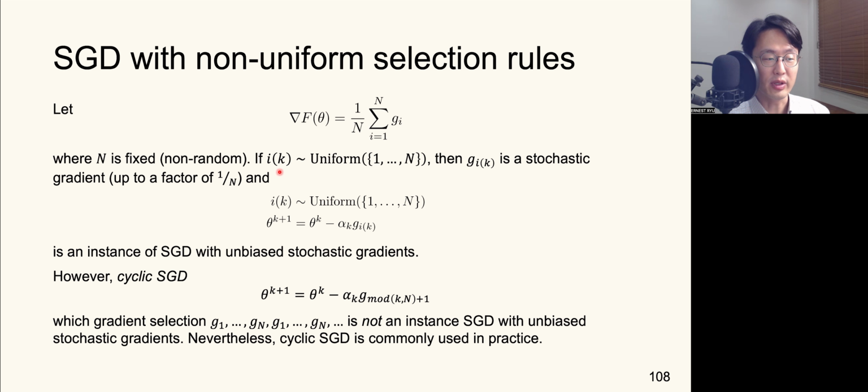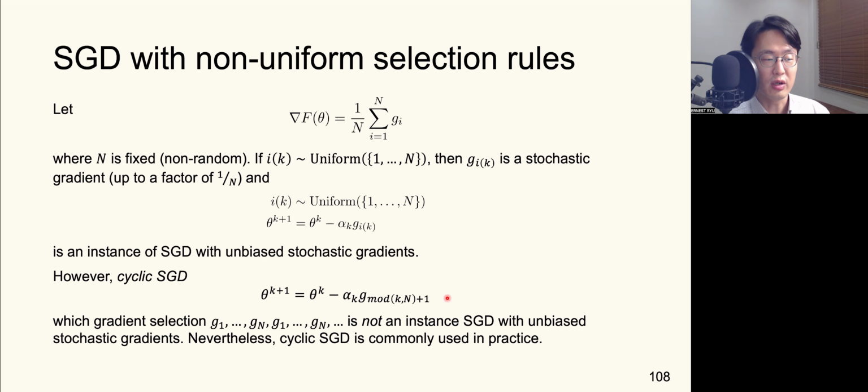So we sample an index i_k uniformly from the choices 1 up to n. Then g_{i_k} becomes a stochastic gradient of this function f. If we perform SGD with that selection of uniform random g's, this is an instance of SGD because the g_{i_k}'s serve as unbiased stochastic gradients.